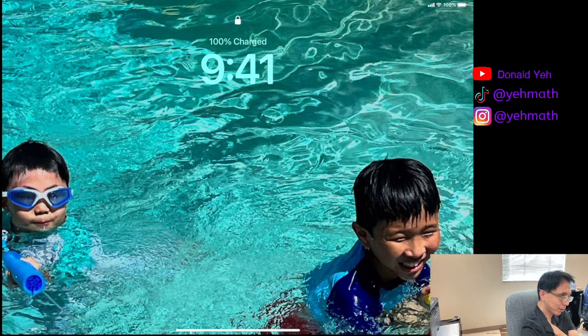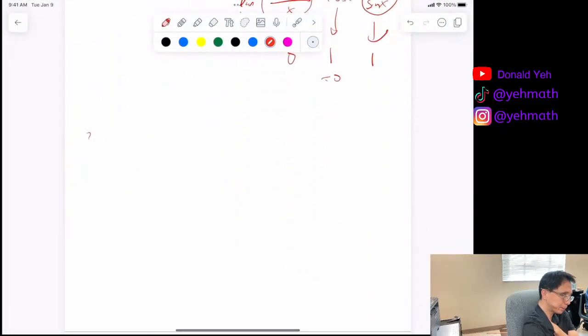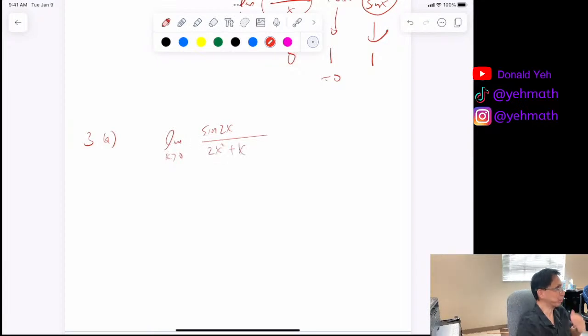Next question. Is it 3G? Always question 3, huh? 3G. Limit as x approaches 0. Okay. Very good question. Catherine, you asked this question? Great.